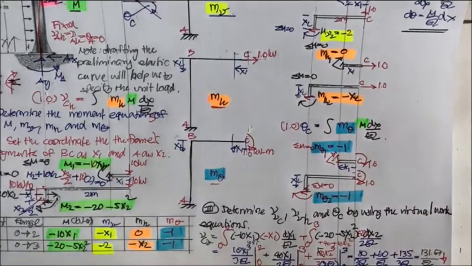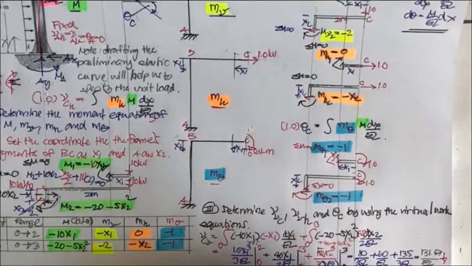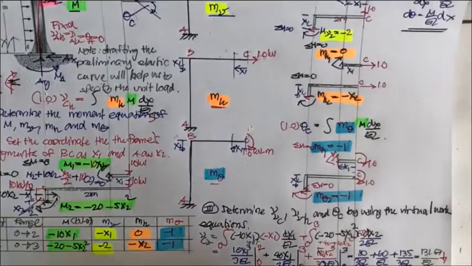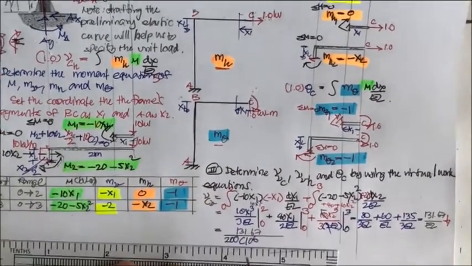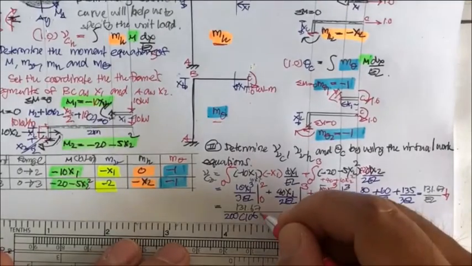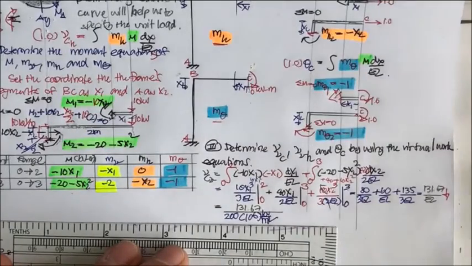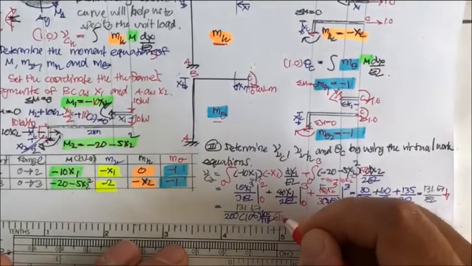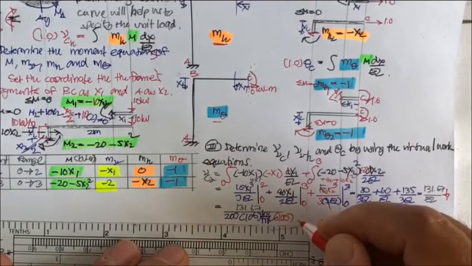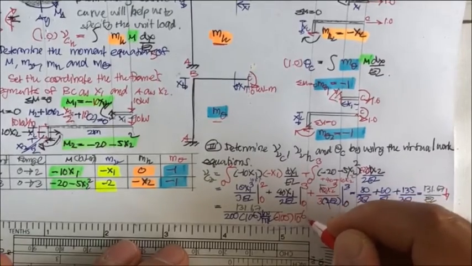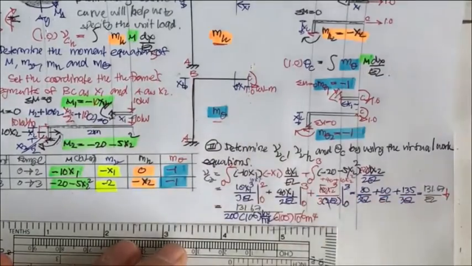The E is 200 gigapascal. Actually, it's 10 power 9 and then 10 power 6 because we have kilonewton in our calculation, kilonewton per square meter. And the I, we have 10 power 6 millimeter power 4, which is 10 power 6 meter power 4.